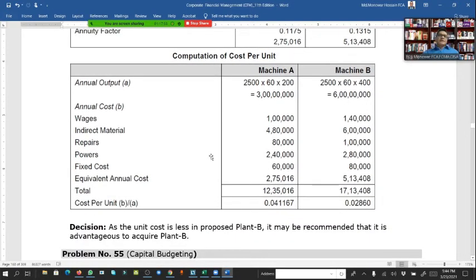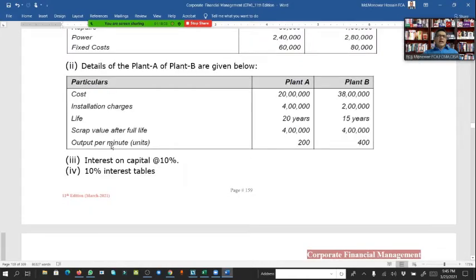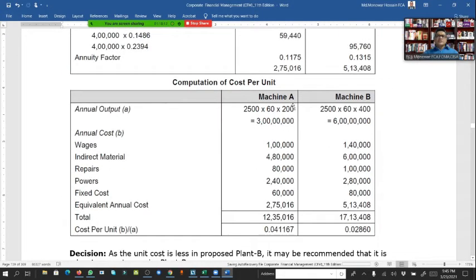So compute the cost per unit. Here the annual output: 2,500. Here it says output per minute: 200 here, 400 here. So this 200 per minute and 60 minutes per hour, that is turned into annual.